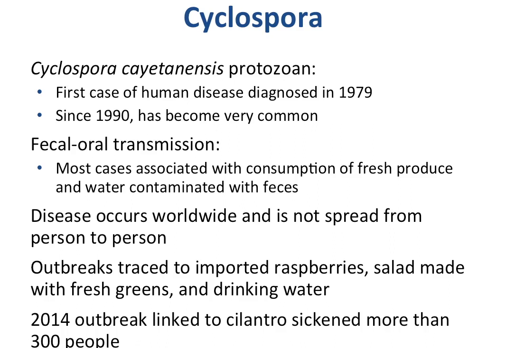So the transmission is through the fecal-oral route. For example, if the people consume the fresh product or the water contaminated with this protozoa, the patient will get infections. So the spread is from person to person.